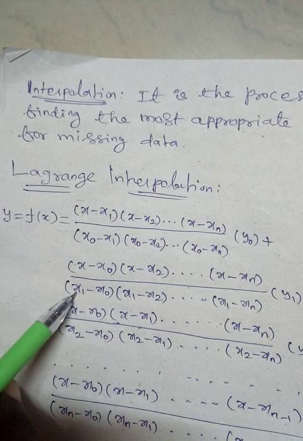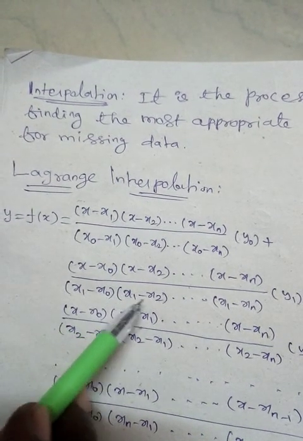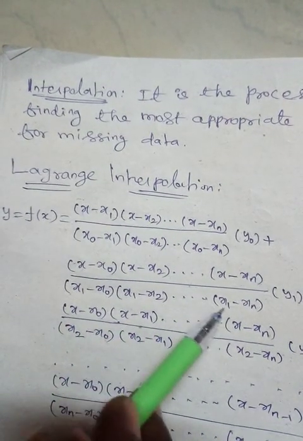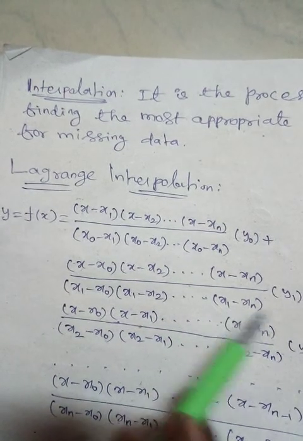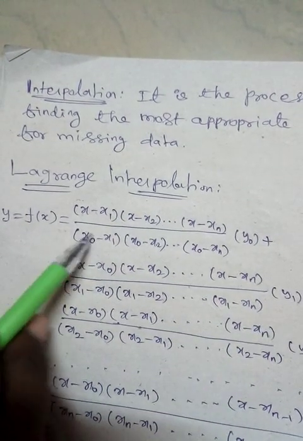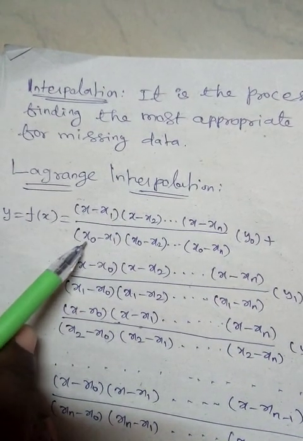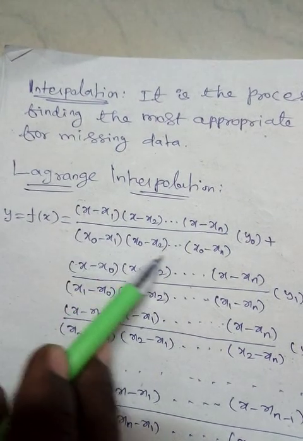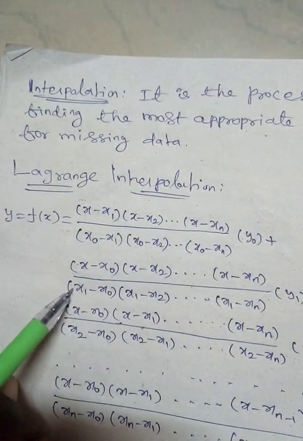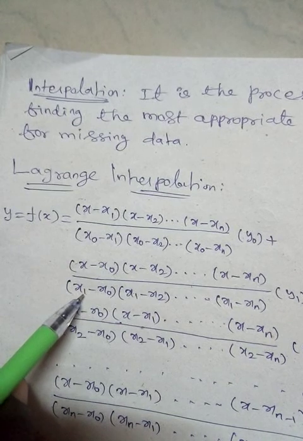So start from x1: x1 minus x0, x1 minus x2, x1 minus x3, etc., up to x1 minus xn, into y1. So these are the first two terms. Here in the denominator of the first term, keep all the values starting from x0. In the second term, keep all the values starting from x1.